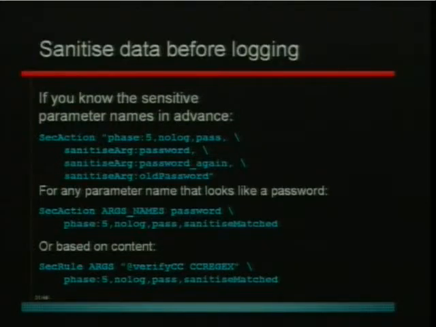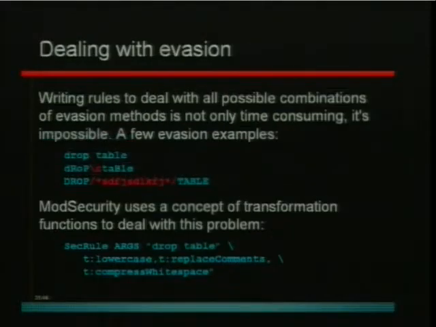Or we can sanitize based on content. I mentioned the verifyCC operator before. In the last example here, we look at all parameters, and we verify each parameter and try to see if it's a credit card number. If it validates as a valid credit card number, we sanitize it. So you can have this sort of rule to help you, so that you don't have to do a lot of work to implement sanitization.